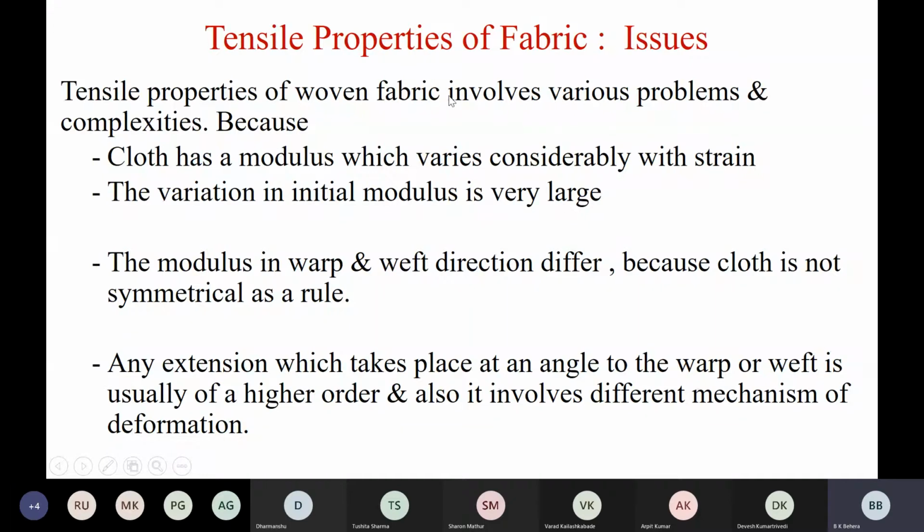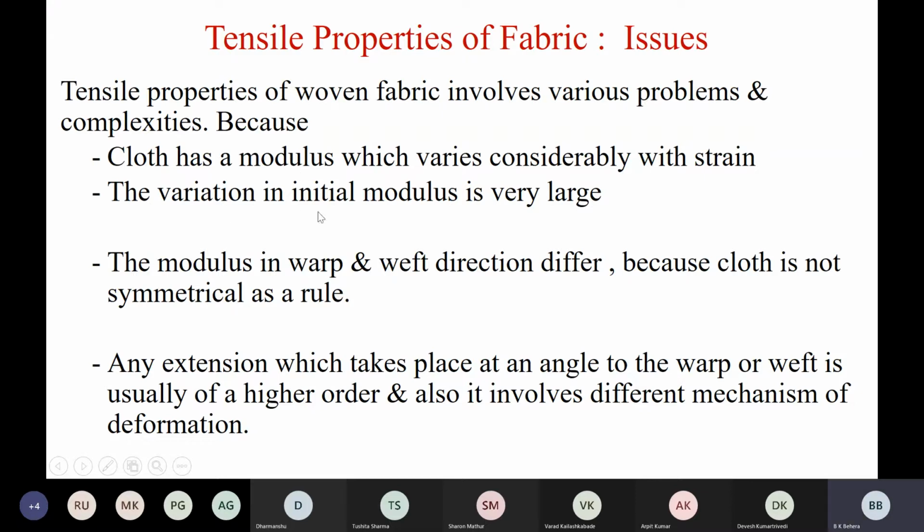Tensile properties of woven fabric involve various problems and complexities. The reason is cloth has a modulus which varies considerably with strain. If you increase or decrease the strain rate, the rate at which you extend the fabric, the modulus will change.